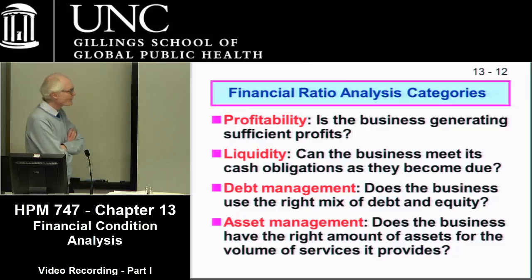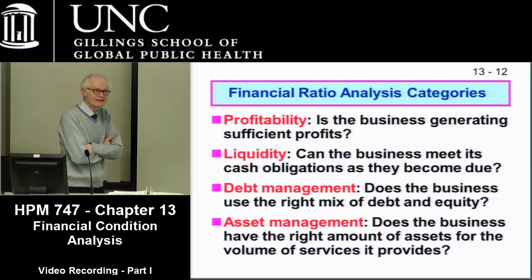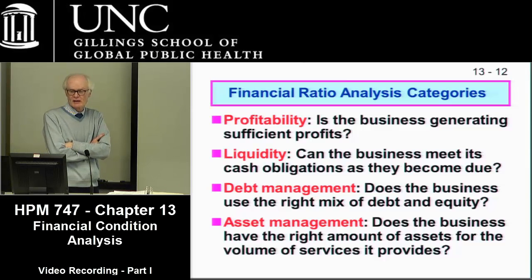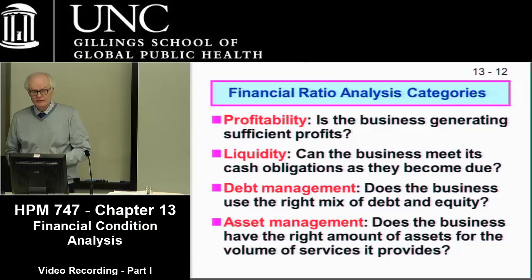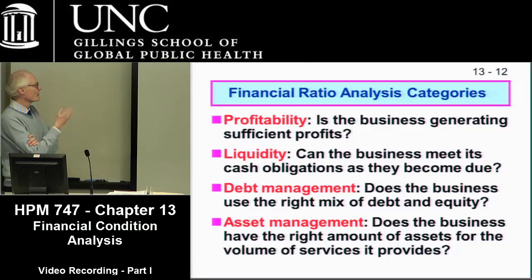But basically, profitability, we're asking, does the organization have revenues greater than expenses? So even for a not-for-profit, we need profits because we need income to replace equipment and to upgrade services, expand services, and so on. Liquidity, the basic question we're asking there is, can they meet their cash obligations as they become due?